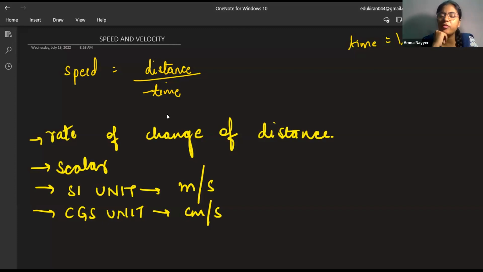Yes, Sarah. Look at this formula. Speed is equal to distance by time. If I write time as 1 second, what will be the relation left now, if the denominator becomes 1?